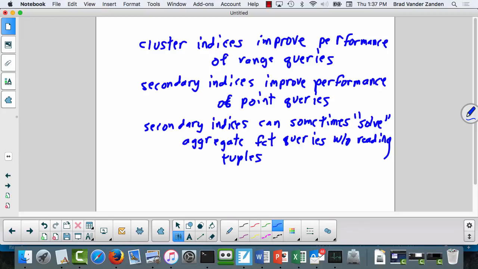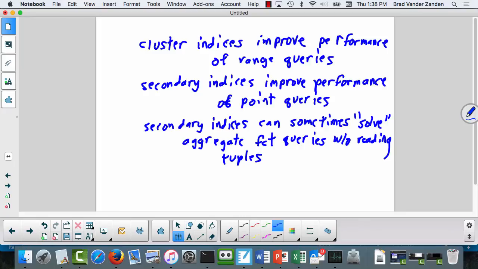Normally, to find the minimum or maximum tuple, I'd have to look at every tuple in the relation. But if I can go to the index, I might just be able to look it up in the index. And even if it's not clustered, it's still faster to read an index than it is to read an entire file.